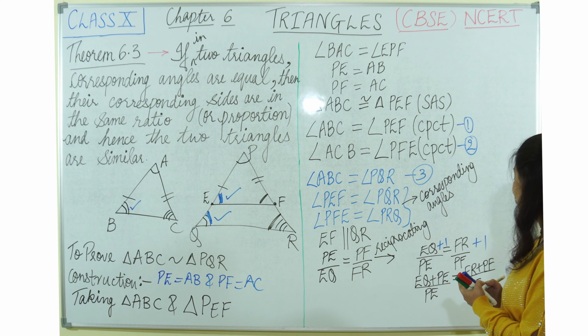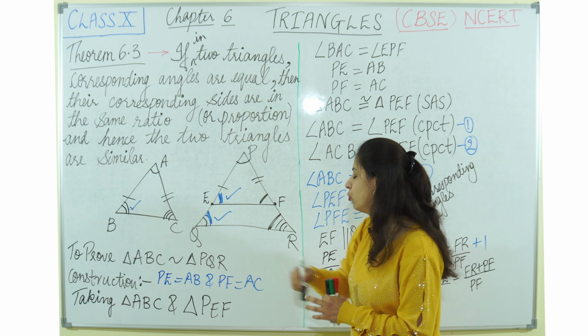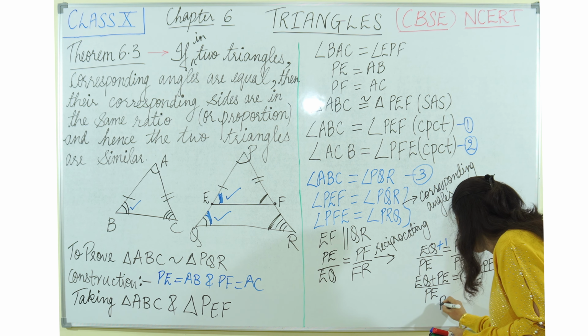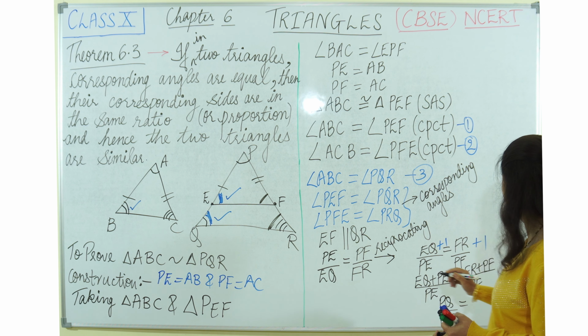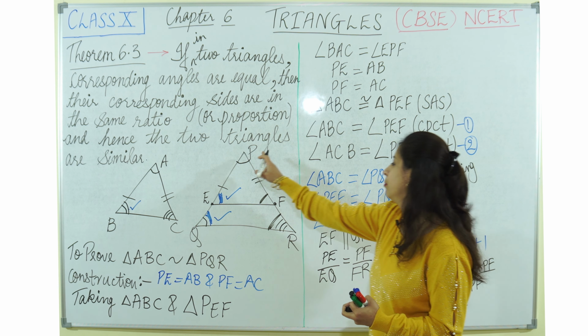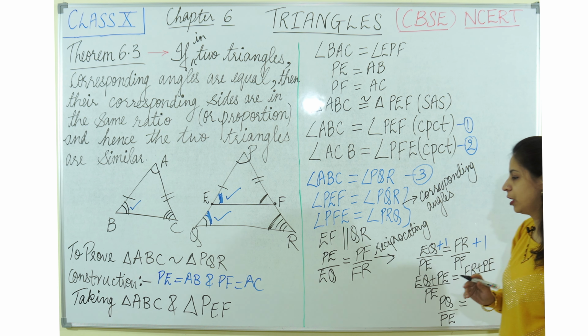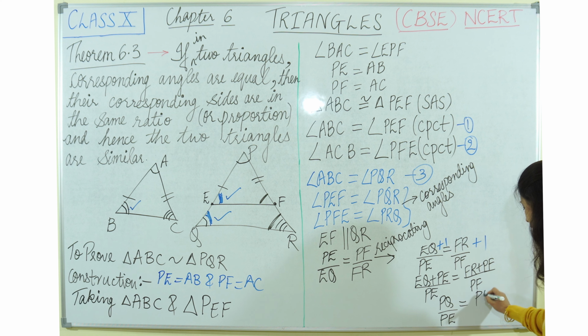So PE plus EQ will give me PQ. PQ upon PE is equal to PF plus FR, and PF plus FR will give me PR, so PR upon PF.